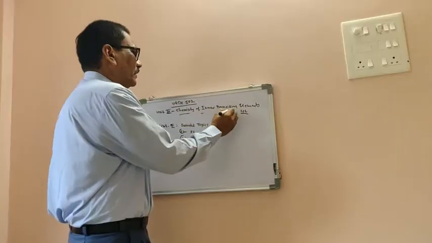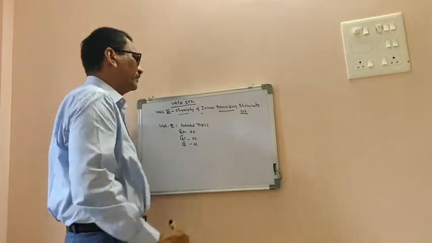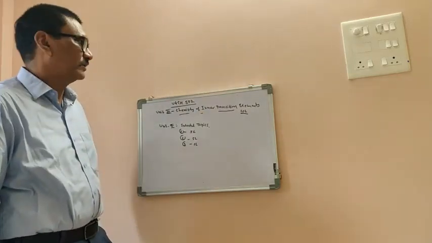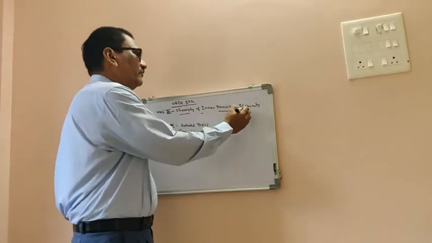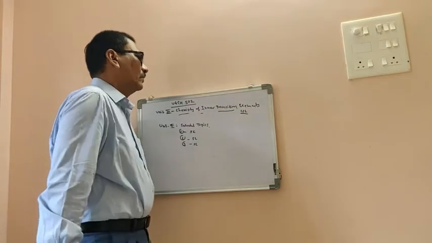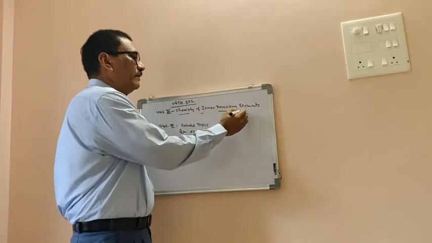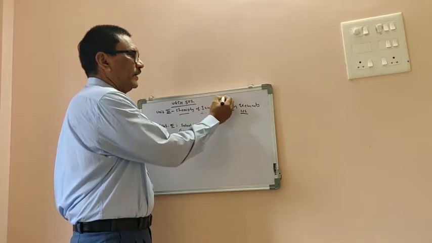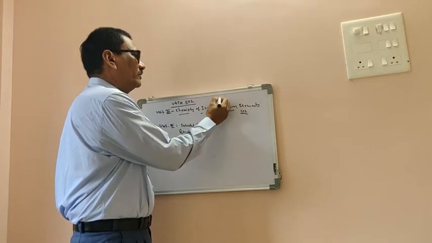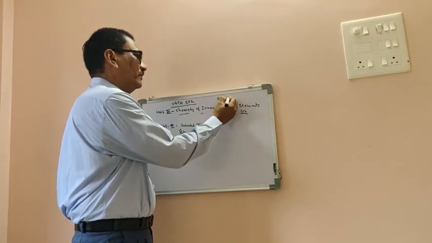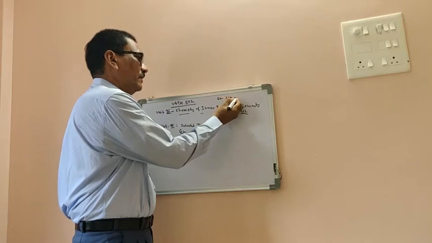Now, regarding the first chapter, chemistry of the inner transition elements, this whole chapter has the 15 lecture weightage, and that's why out of the 60 marks, this chapter has the 15 marks weightage.